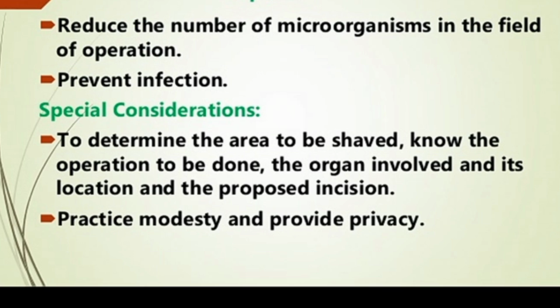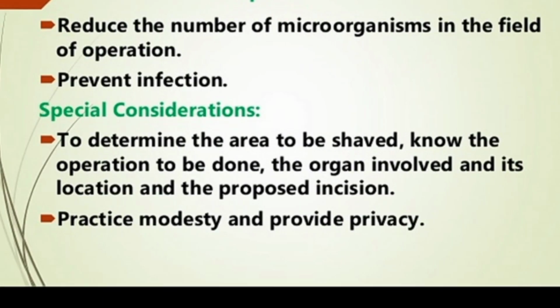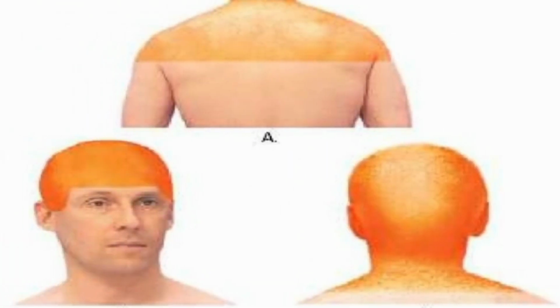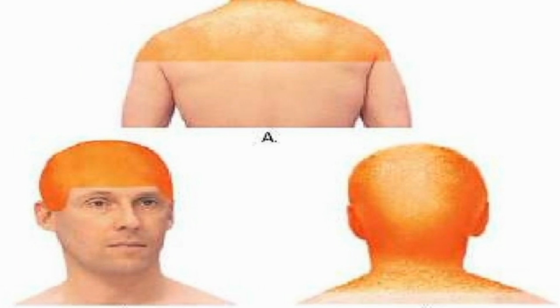First we saw the definition, then the purpose, special considerations, and which area for which surgery, which part we have to clean. How to clean is the part of the preparation. If it is the head, we can do it like this. For any tonsillectomy procedure, we can clean up to this area.